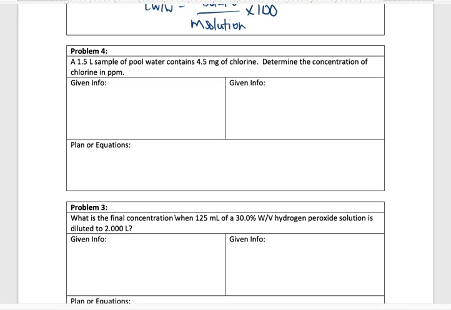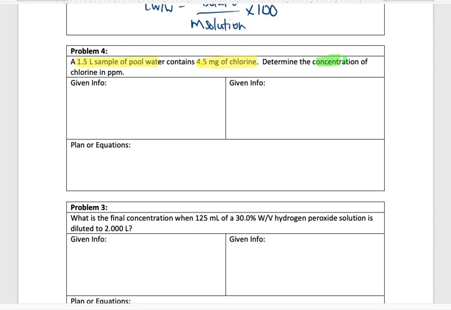Okay, so we have some pool water here. We have 1.5 liters of pool water sample here, 4 milligrams of chlorine. Determine the concentration in parts per million. Okay, so let's highlight everything here. Here's the pool water. Here's the chlorine.